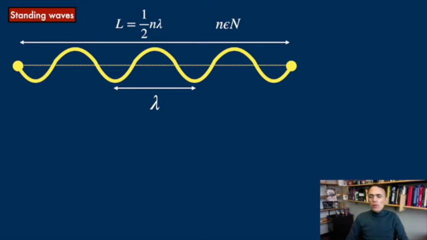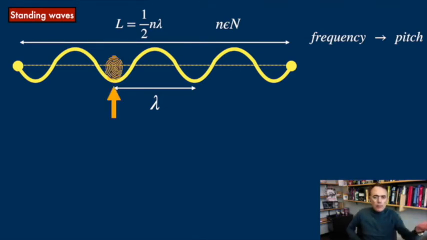When the strings of my guitar vibrate, they produce sound at the frequency the strings are vibrating. Therefore, the pitch will depend on the length of the string. That is why, when I place my fingers at different positions, I am shortening the length of the strings and changing the pitch of the sound from that string.